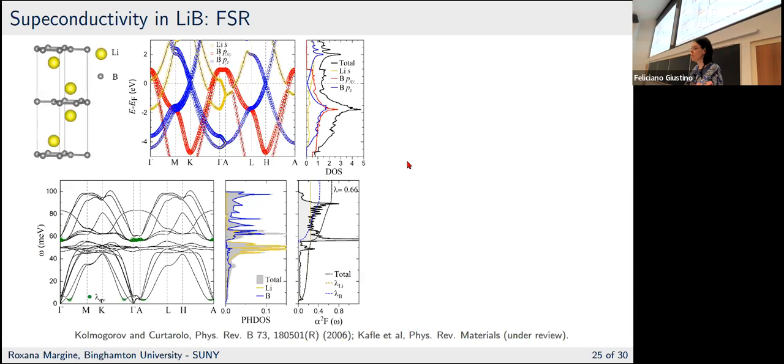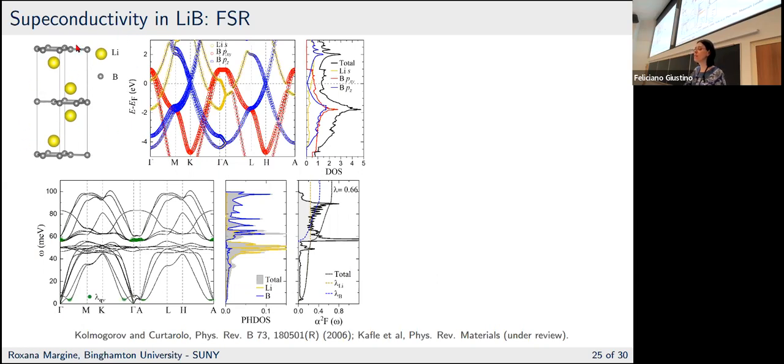But it turned out that when they calculated the critical temperature with McMillan, this only fell in the category of basically 10, 15 Kelvin. So just this year, we decided to review this system, and we applied the anisotropic formalism.